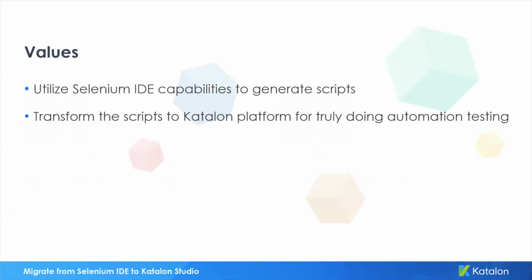The value and advantages we want to bring with this migration feature is that Selenium IDE has a rich capability to generate test cases and capture those element IDs and everything. So we directly import that into Katalon Studio and execute the test case from there. It transforms the scripts into the Katalon platform and helps us in automated testing.